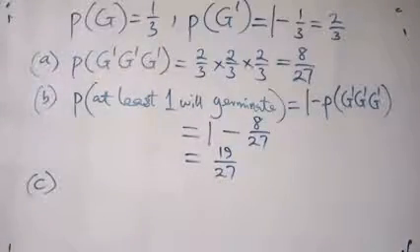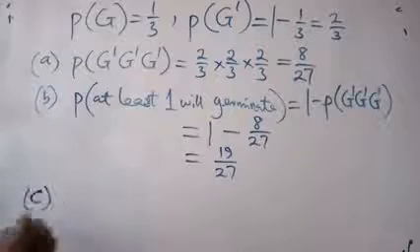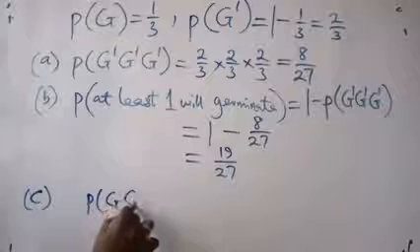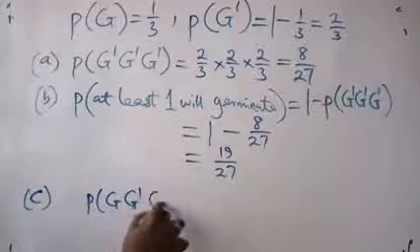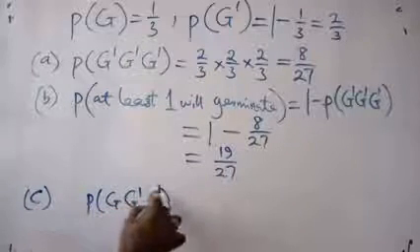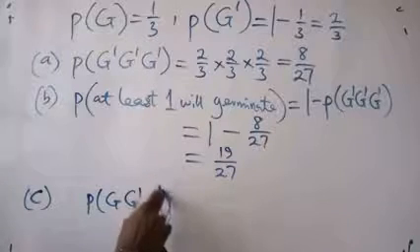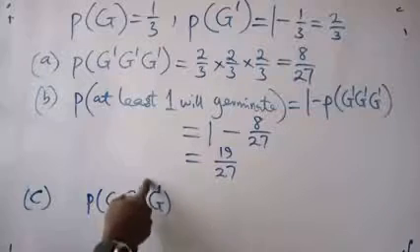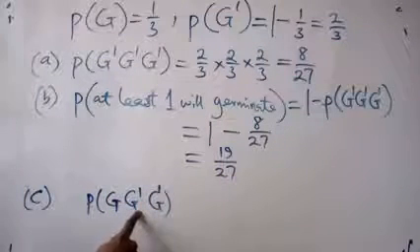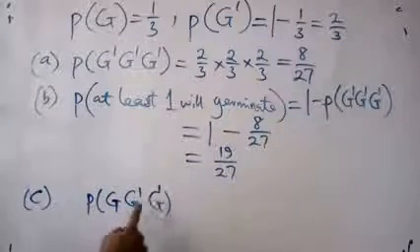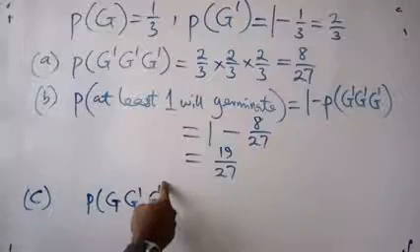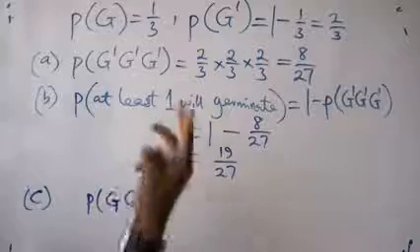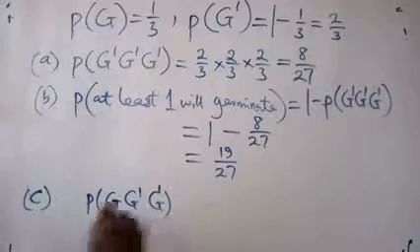The last part of the question says that only 1 will germinate. That will be probability that this will germinate, second will not germinate, third will not germinate. If I look at this properly, I'm going to have 3 options of this. So this can be at the center where the first will not germinate, second will germinate, third will not germinate, or the first 2 will not germinate, the third will germinate. This can be here, giving me the second option, or it could be at the end, giving me the third option. So there are 3 types of this.